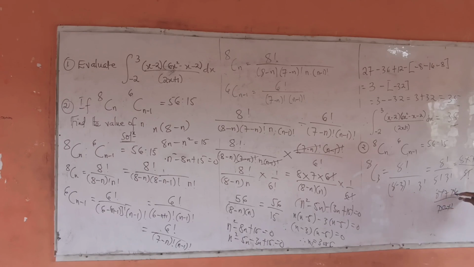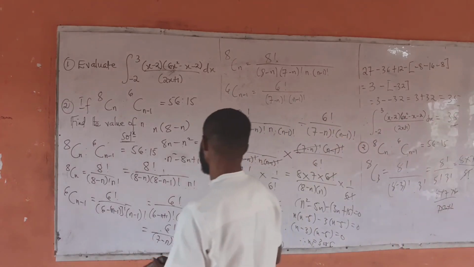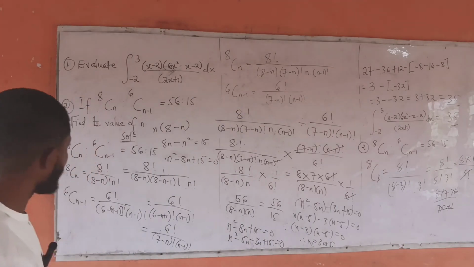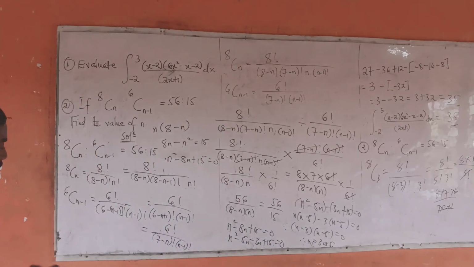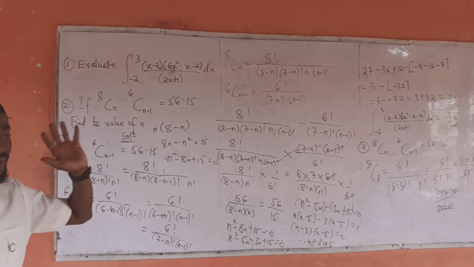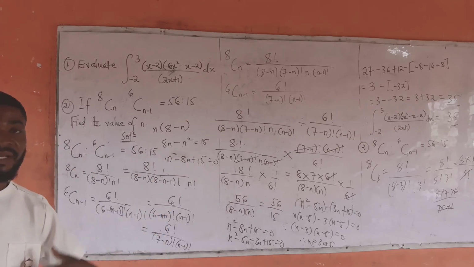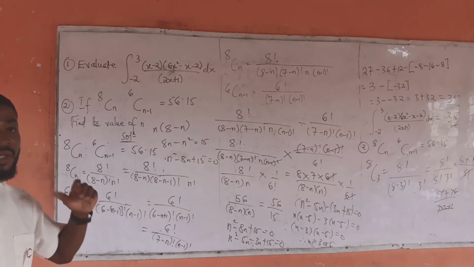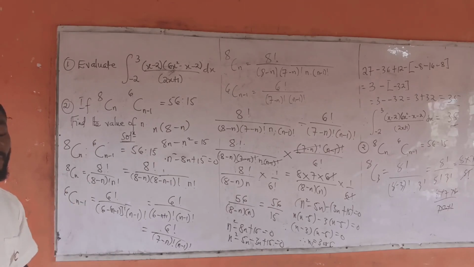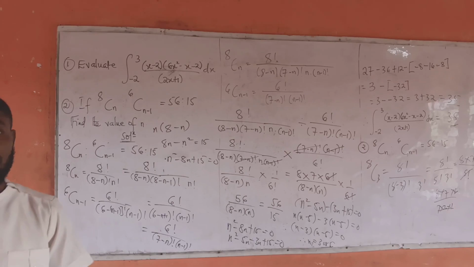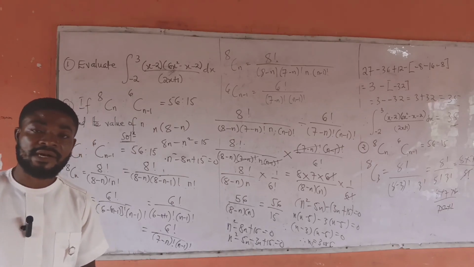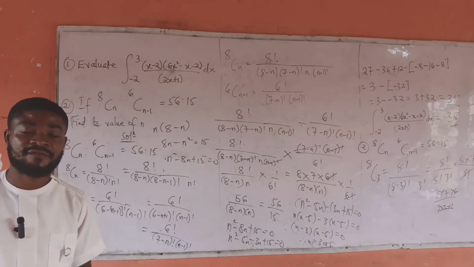The 3 factorial will take care of the 6 up there, giving us 56. When we put the 5 as well, I believe that one is going to be the same thing. So at the end of the day, our n is equal to either 3 or 5 for this particular question. It does not apply to all questions. Every question has its own kind of answer that will suit it. So on this note, I would like to say a very big thanks to you for sticking around to this time, and do enjoy the rest of your day. Bye.